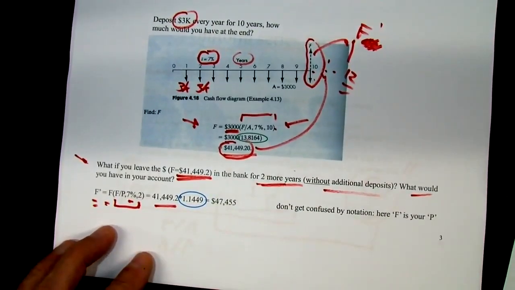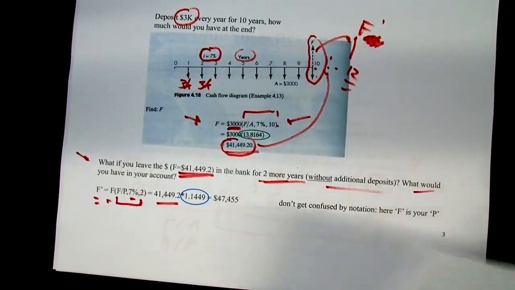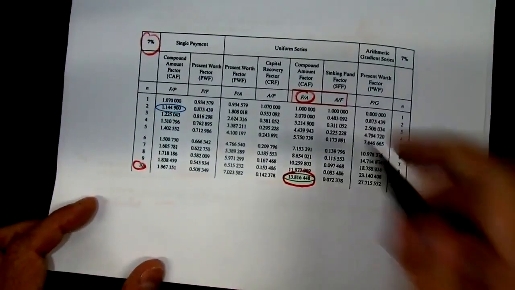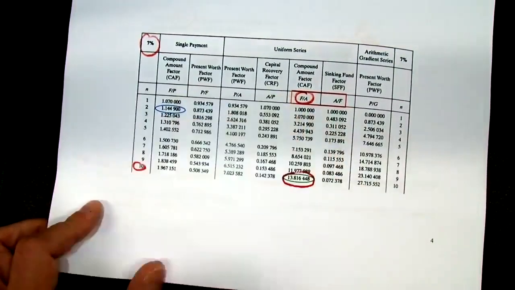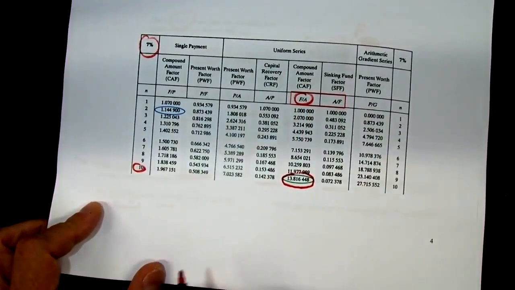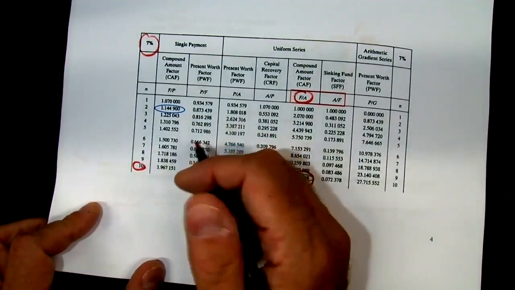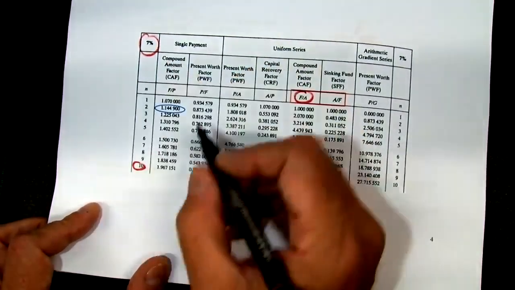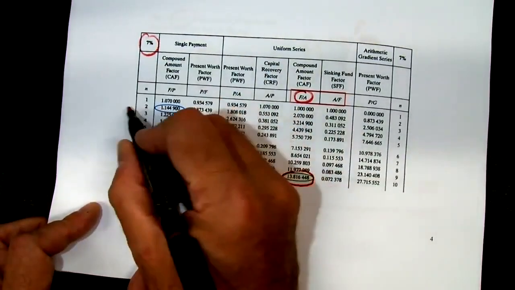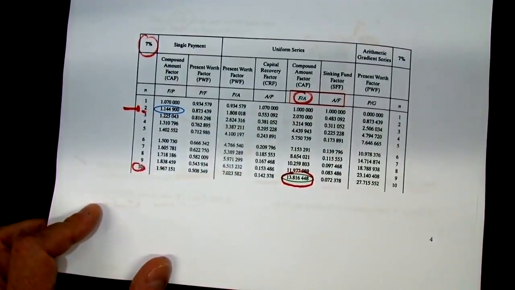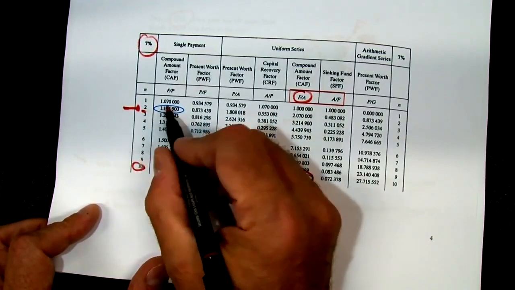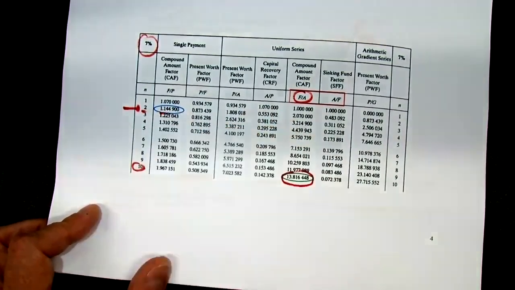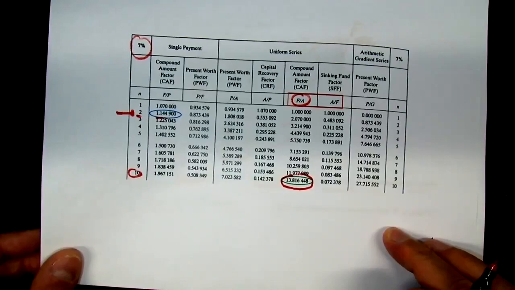If you do that, how do you get this blue circle value? You go again to the same page at the back of the book. In this case, you can easily also calculate it manually. The formula is pretty straightforward and easy. Okay, just one calculation. If you don't want to do that, just go to the 7% page. You look in the 2 periods row, and you get the correct factor, which is 1.144900.